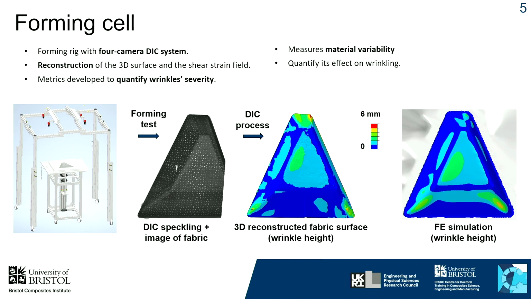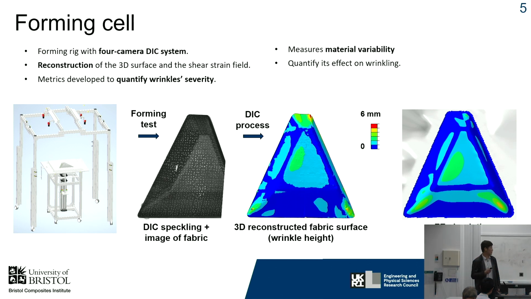After the forming trial, we can use the DIC system to reconstruct the 3D surface and also track the shear strain. In this way, we can reconstruct the real-world surface and compare that with the simulation at the same scale. In the bottom picture, there is a comparison between the simulation and the physical trial.